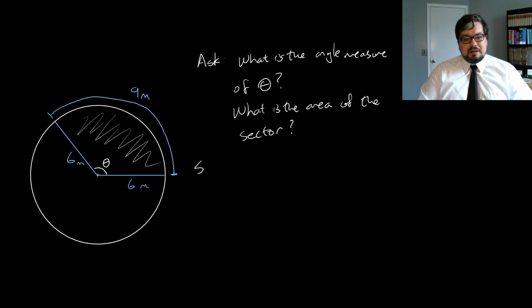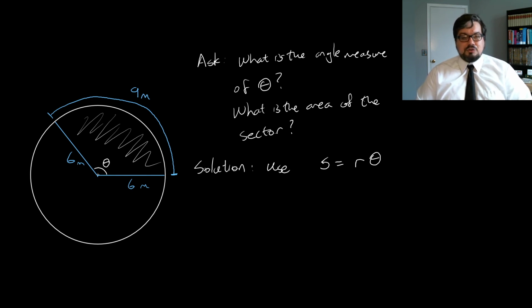So, for our solution, to find the angle measure of theta, we can use the equation S equals r theta. And as long as we're working in radians, this is always true. So for us, S, remember, is the distance around the circle. It's the length of the arc defined by the angle that we're looking at.